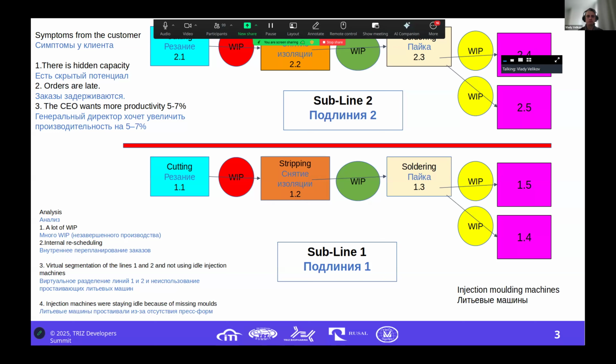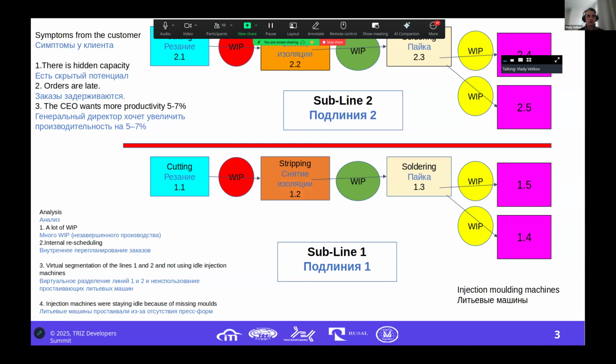For example, 10 centimeters, 20 centimeters, 50 centimeters, 1 meter, 20 meters, different sizes. They were doing orders for Istanbul airport.